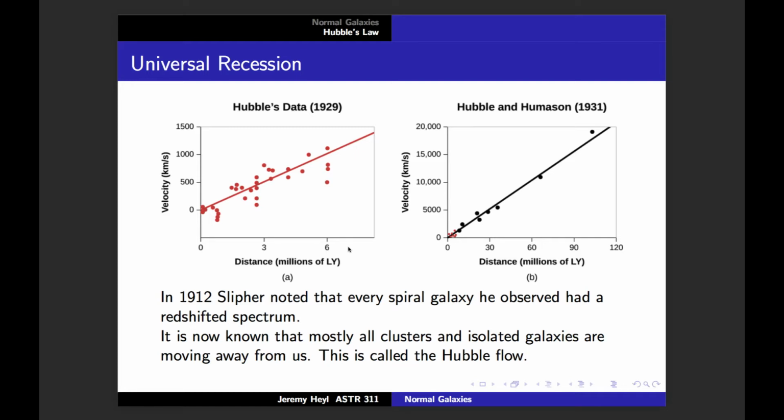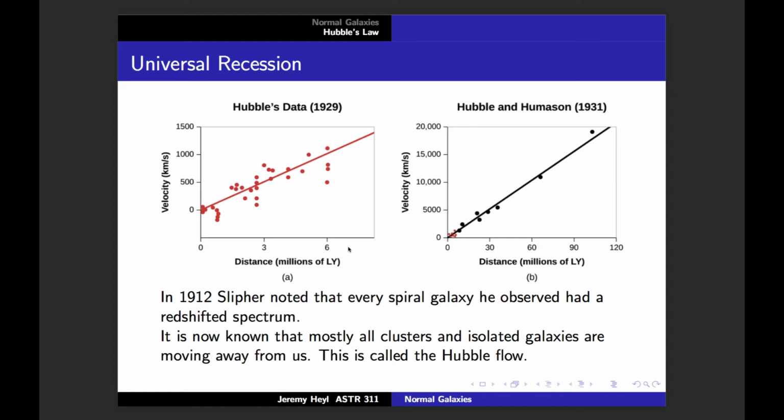The second correlation involves not how bright individual galaxies are compared to how fast they're rotating, but if we look at galaxies out there and can estimate their distance, either from stars within the galaxy or perhaps from this Tully-Fisher relation, we can ask how far away are galaxies and how fast are they moving toward or away from us?